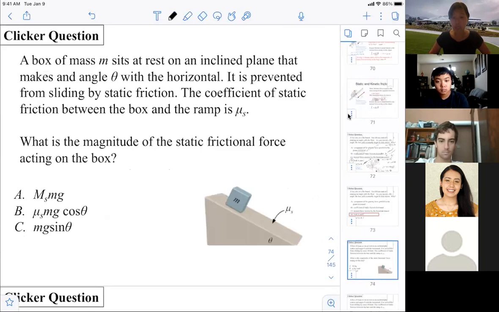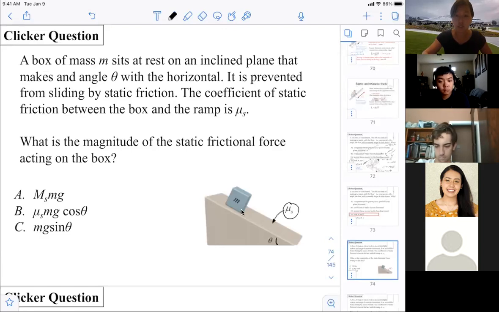All right, so hopefully after that example, we are pretty clear on static friction. Here we have another question. We tell you a box is sitting at rest. There's an angle. Mu is an intrinsic property of this surface. Simply asking, what is the magnitude of the static friction right now? I'm going to go ahead and let you vote.